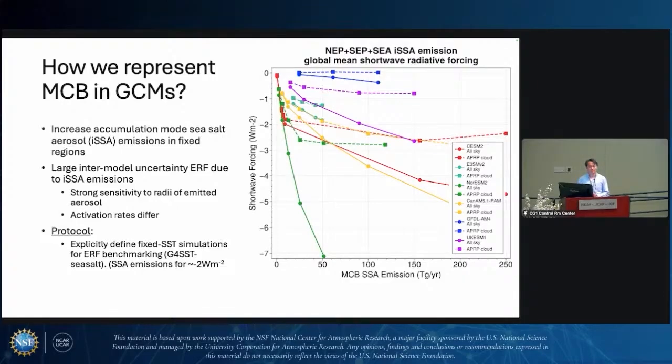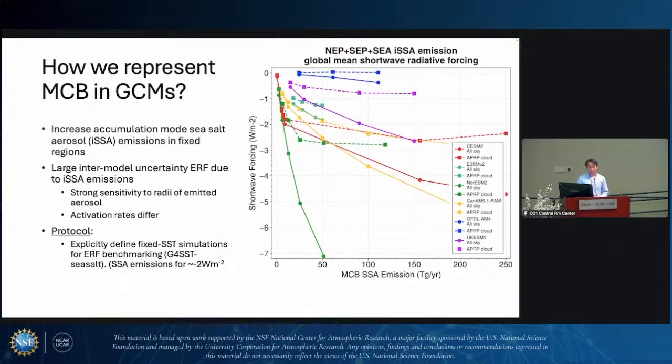This is not really a simple thing to do, because depending on the model, accumulation mode aerosol means different things. So a lot of the variation we see across the models is the result of different emission rates. Since the mass of aerosol emissions scales as the cube of the dry radius, if you have a larger aerosol emission, the mass emission scales quite quickly.